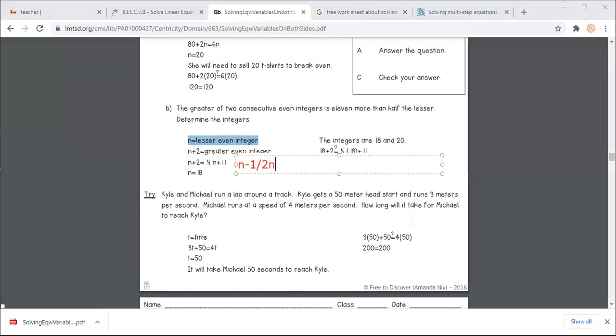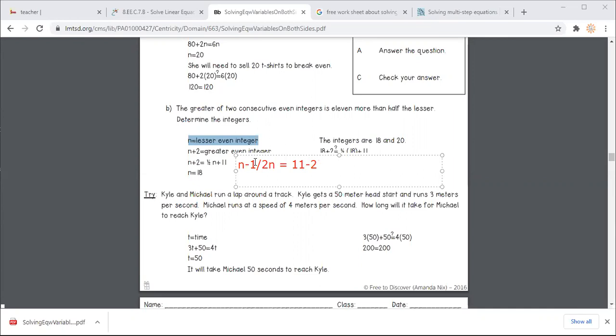Half n. n plus 2 equal half n plus 11. n minus half n equal 11 minus 2. Then it will be n minus half n.